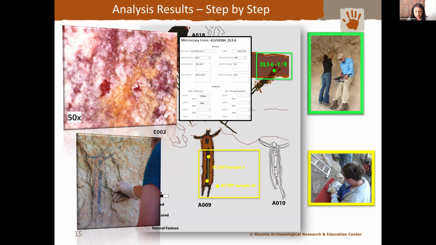Similarly, for each sampling location, we use a yellow circle to indicate where the sample was collected, a yellow label with relevant information, and a clear photo of the spot. Here we have this location with the green, and this is the photo micrograph showing how the yellow is over the red.